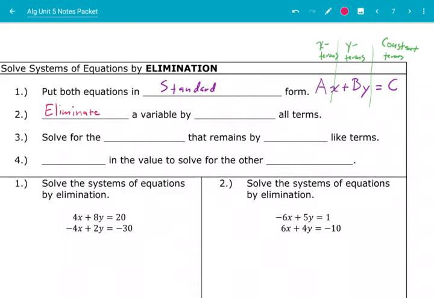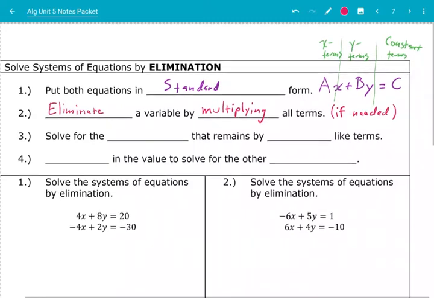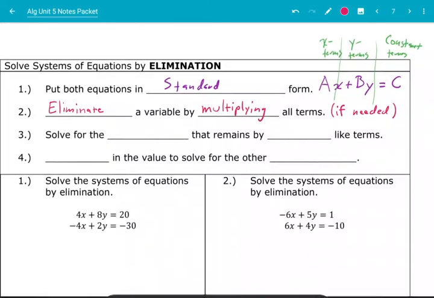We eliminate a variable by multiplying all of the terms in one of the equations, if we need to. Sometimes we don't need to, but sometimes we do.